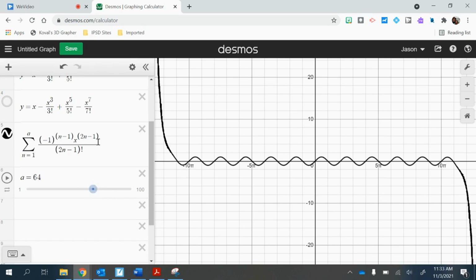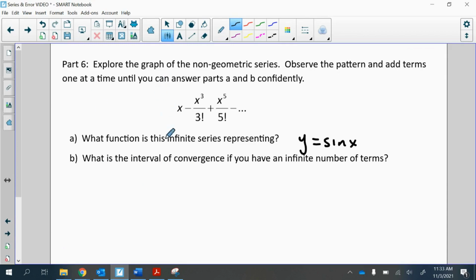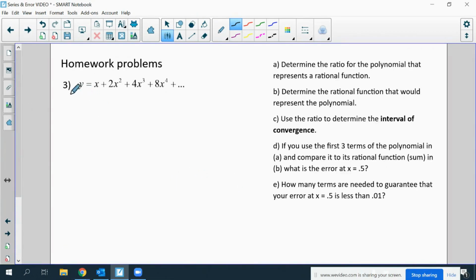So this looks a whole lot like the graph of sine of x for a very long time. And the more terms I add, the more likely it is that this polynomial will keep going forever along sine of x. We just can't see it because Desmos takes a while to figure it out. So the interval of convergence would be negative infinity to infinity.